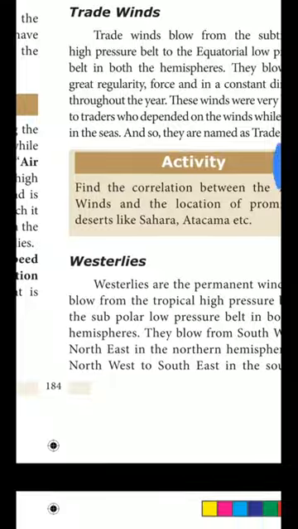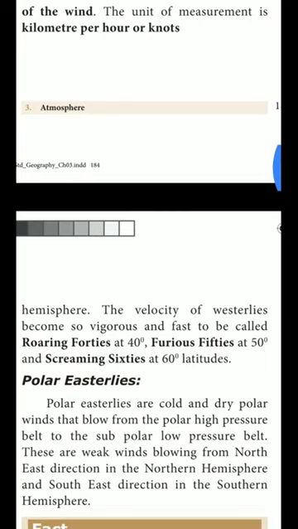Next one, the velocity of this westerlies becomes so vigorous and fast to be called roaring forties at 40 degree, furious fifties at 50 degree, and screaming sixties at 60 degree latitude. Okay, there is another question also.